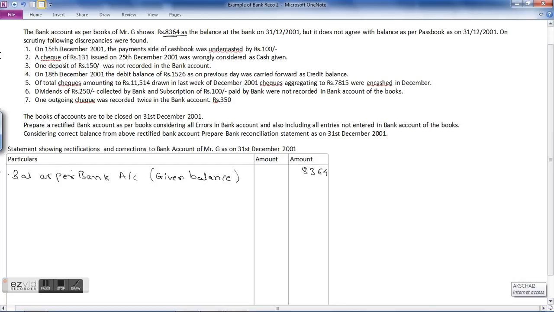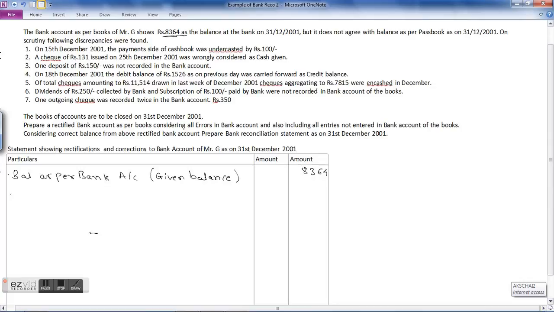Now we'll look at all the transactions one by one. On 15 December, the payment side of the cash book was undercasted by rupees 100, in the sense that rupees 100 was recorded less on the payment side of the cash book. Cash book is nothing but your bank account.